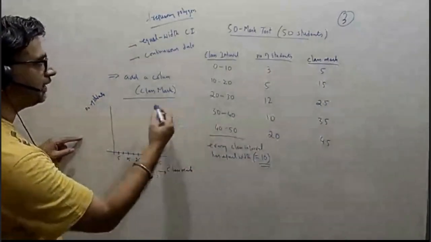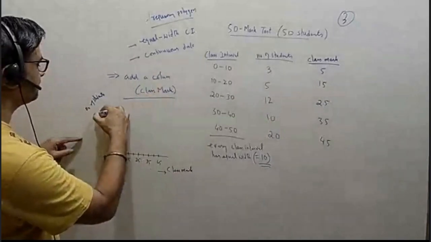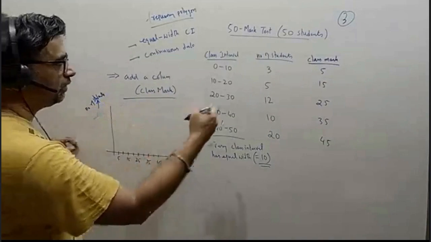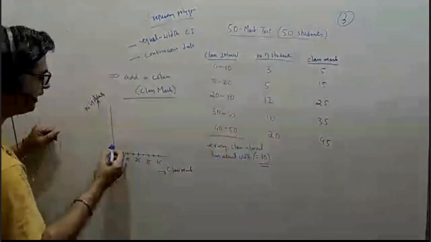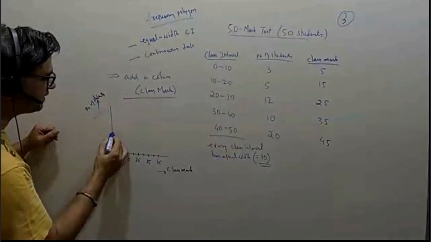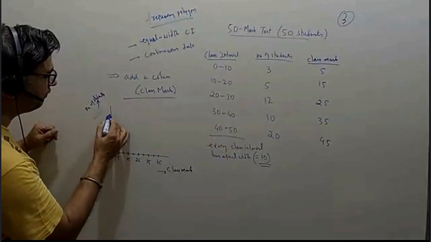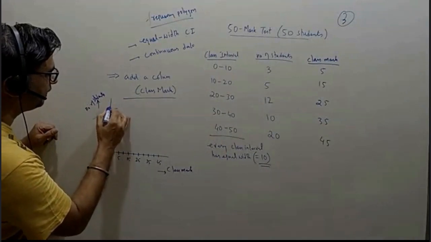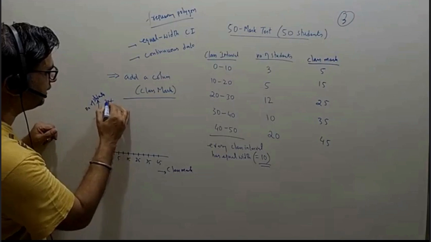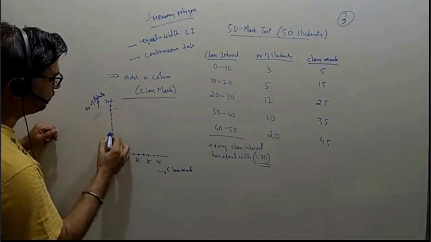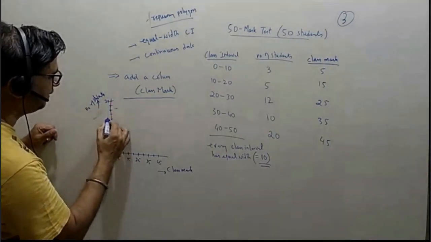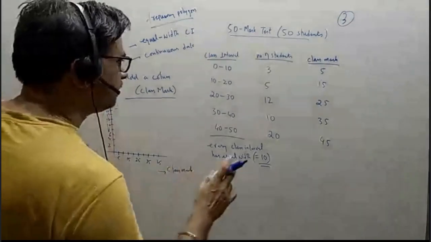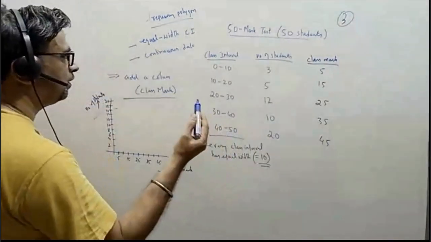This is class mark, and this is number of students. I've already written number of students here. And what will work? 20. So I think I can take 2, right? 2, 4, 6, 8, 10, 12, 14, 16, 18, 20. So this is 20. This is 2, 4, 6, 8, 10, 12, 14, 16, 18, 20. Okay, we are good.